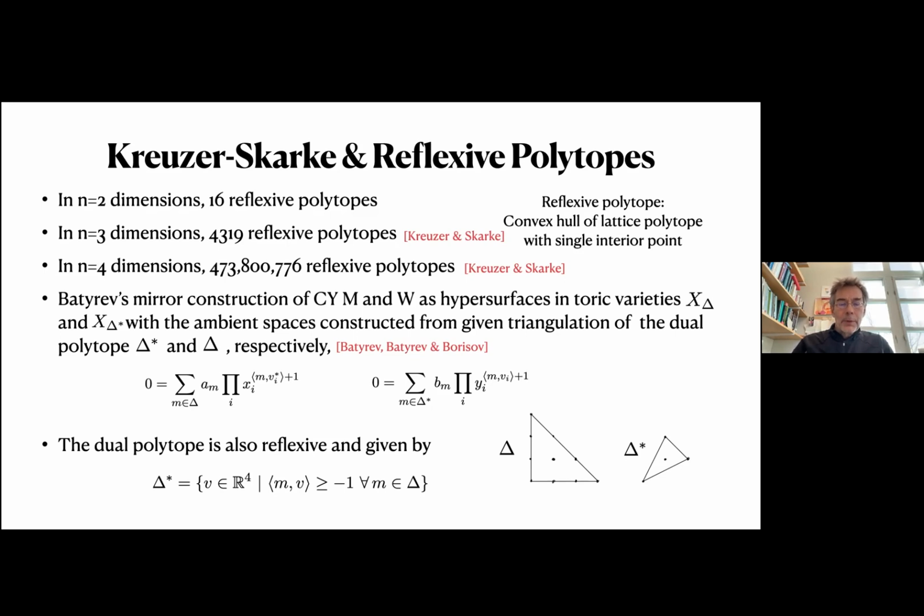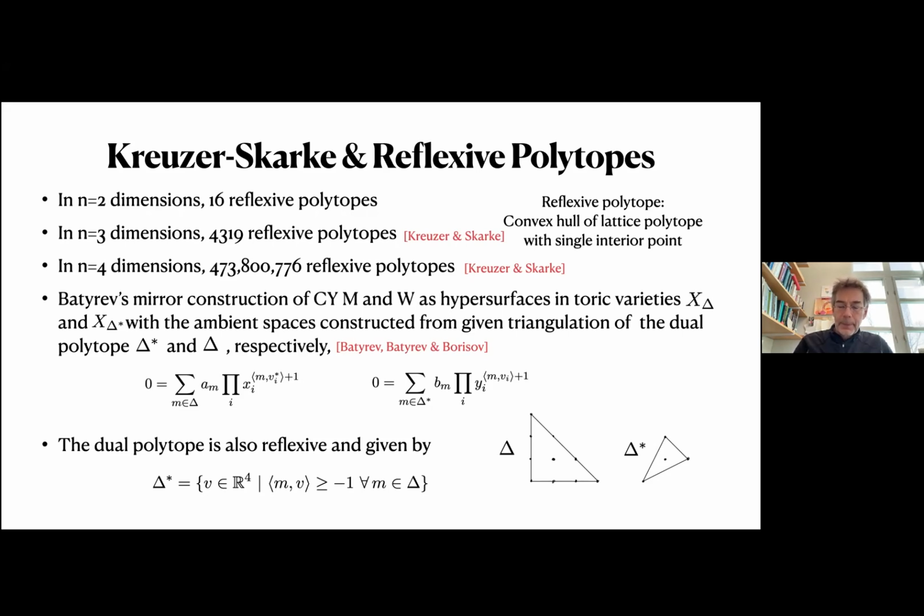Well, the dual polytope is also a reflexive polytope, and it's essentially given by this inequality here, where for any given point m in delta, you satisfy that inequality, and then you're looking once again at the convex hull. So if you were to do this for this pair here, you start with the Newton polyhedron delta, the polytope to the left, then you can construct delta star in this fashion.